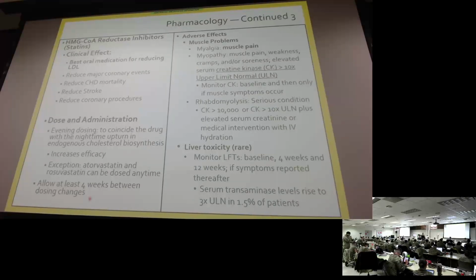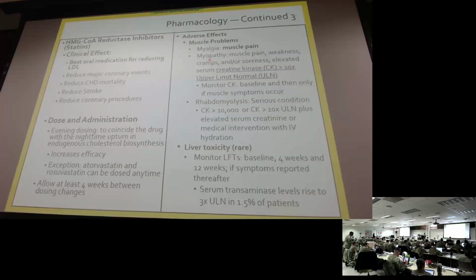Now, these adverse effects could make you change something before that 4 weeks, okay? Depending on how that patient presents. So you'll see a lot of muscle issues happening with your patients, okay? So myalgia, which is the muscle pain, myopathy, they could have cramps, they could have pain, they could have weakness.